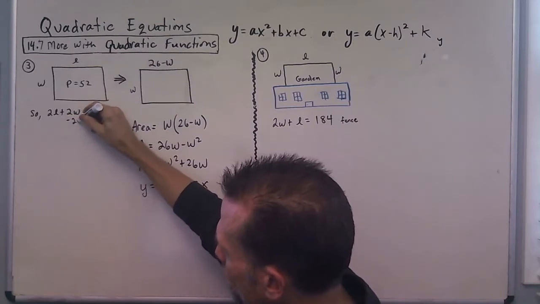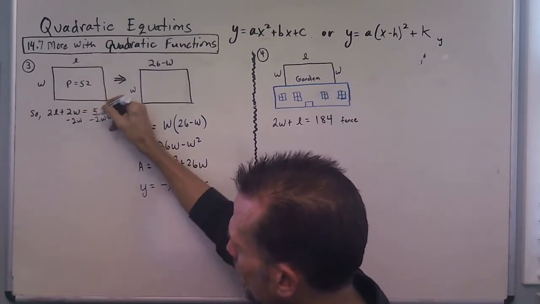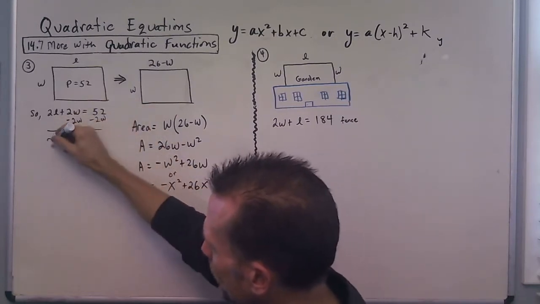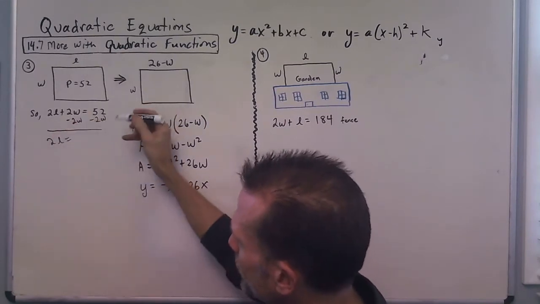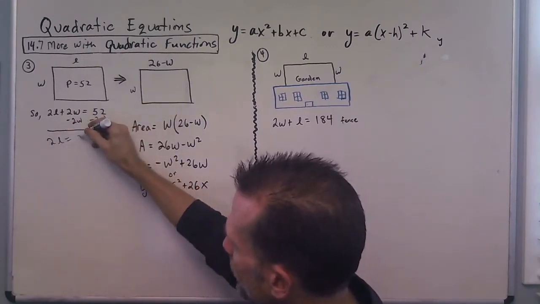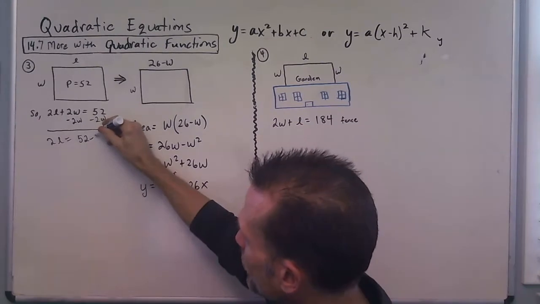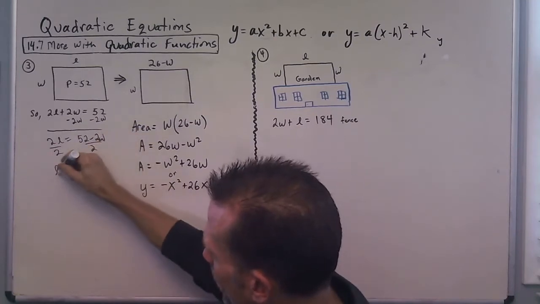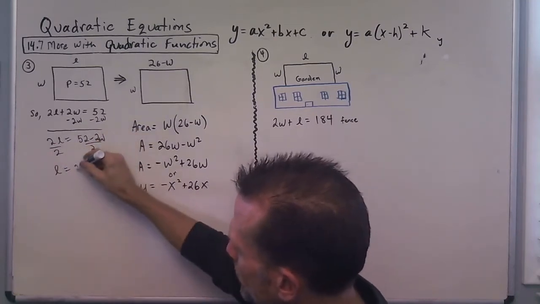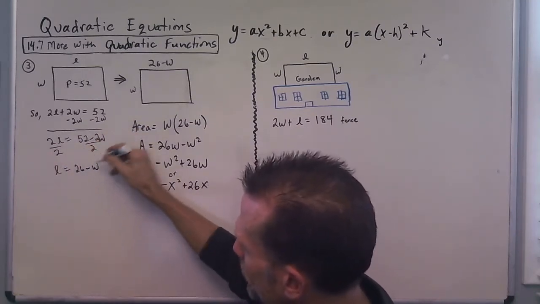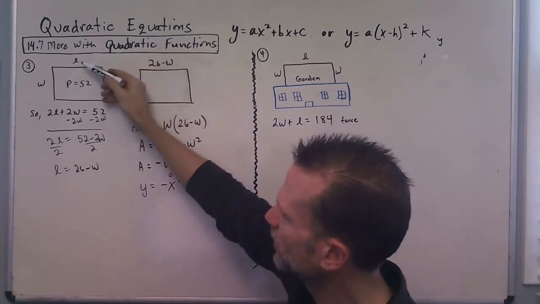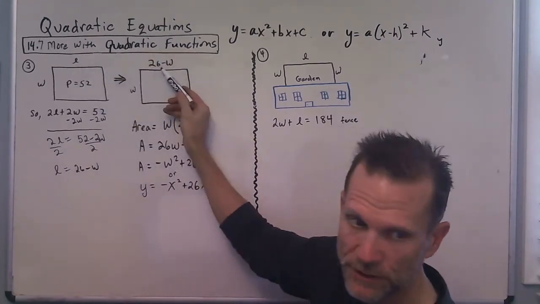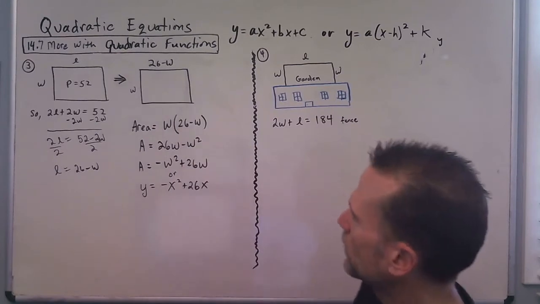We subtract 2W, then we have 2L equals 52 minus 2W. And then if we divide by 2, we get L is equal to 26 minus W. So what I did here is I rewrote L with 26 minus W.